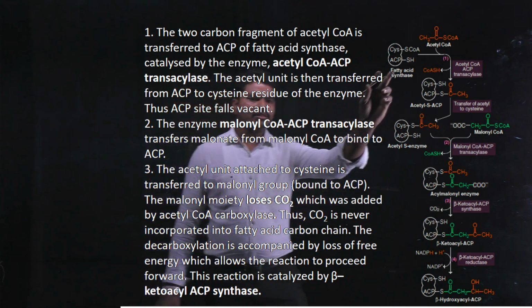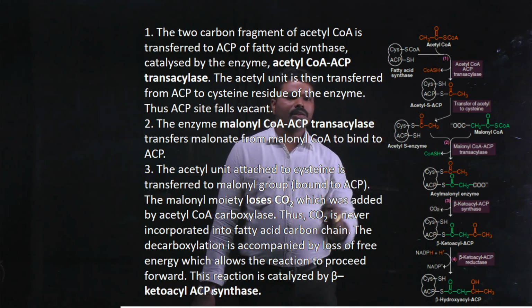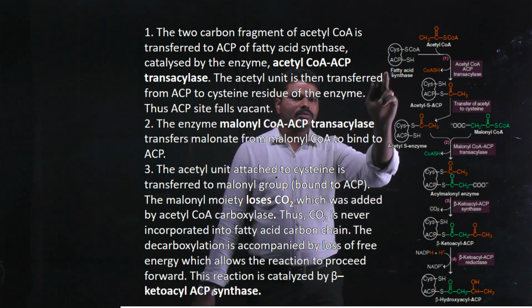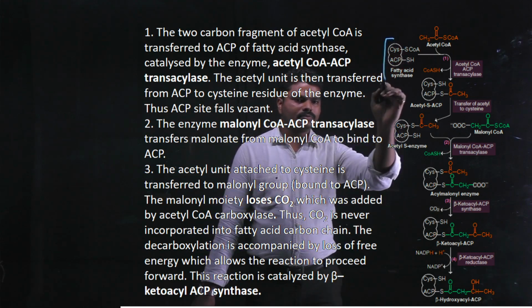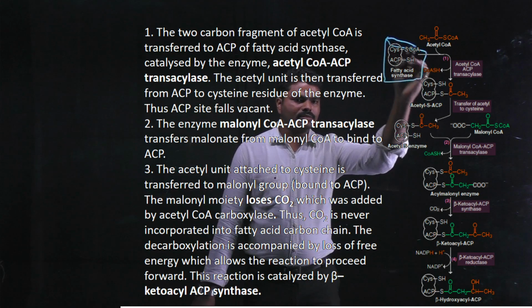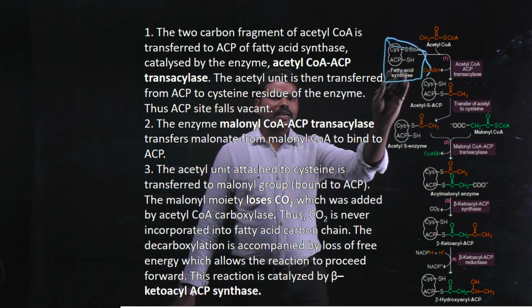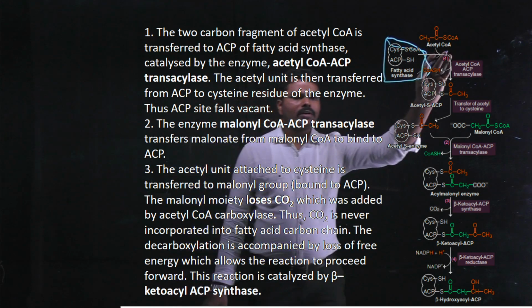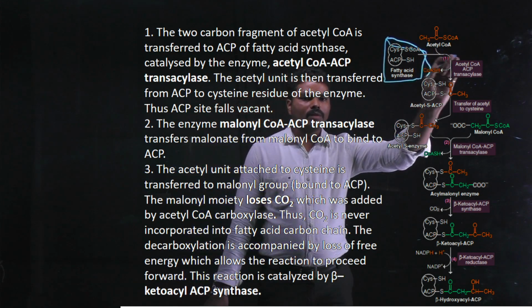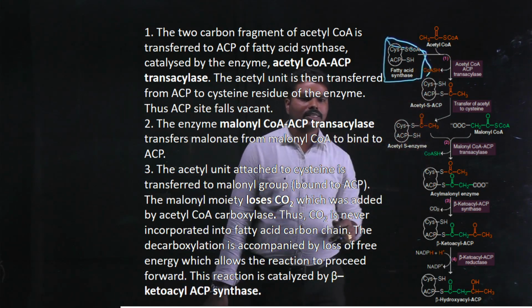So here this is the fatty acid synthase protein, or it is also called an enzyme. To this fatty acid synthase, the 2 carbon fragments of the acetyl CoA are transferred. So that is the first reaction that takes place.